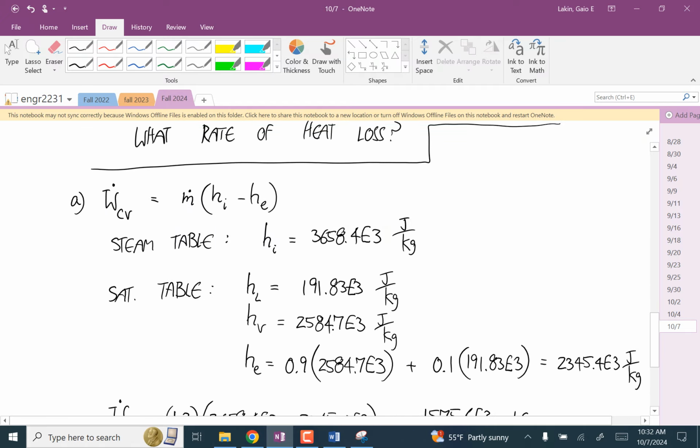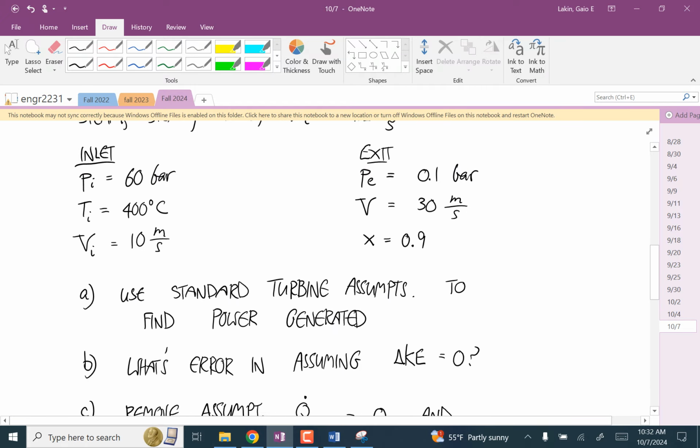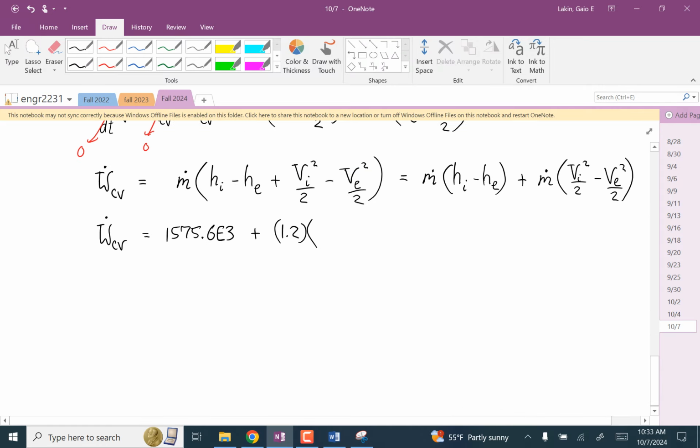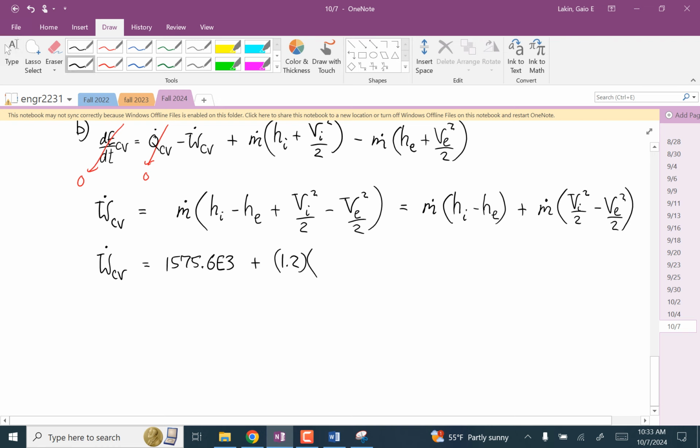So Vi, let's see. So we got a 10 and a 30. So 10 squared over 2 minus 30 squared over 2. So we got 50 minus 450 times 1.2.